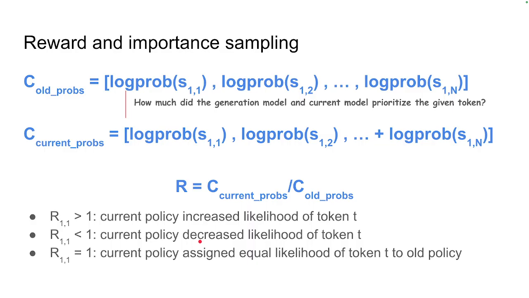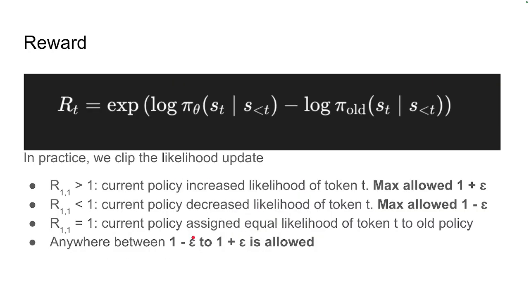And yeah, if your current policy and the old policy are providing the same value, then that token is not more likely or less likely. So this is just another version of where we had division. If you take the log of that, you have subtraction here.